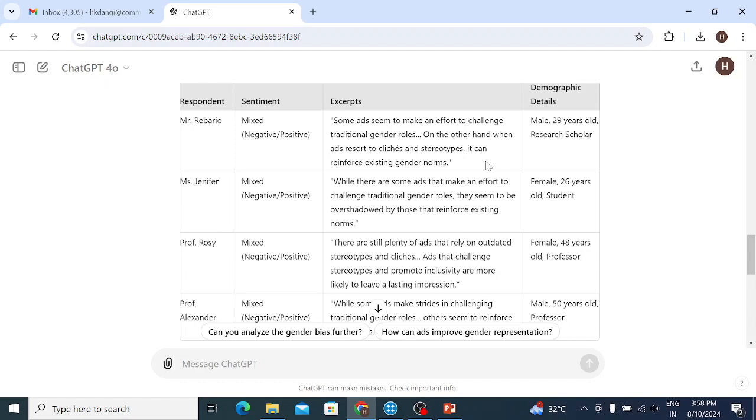So the bottom line remains the same, that AI tool, as I have been recommending all the time, should be used judiciously. It should not be abused. As far as my take is concerned, I'm very clear that it should be used only for data analysis, not for data creation and report writing, right?